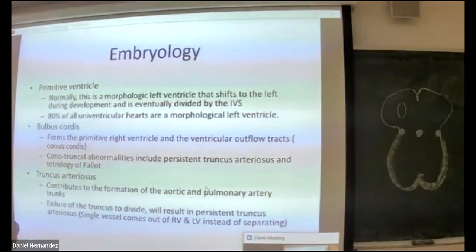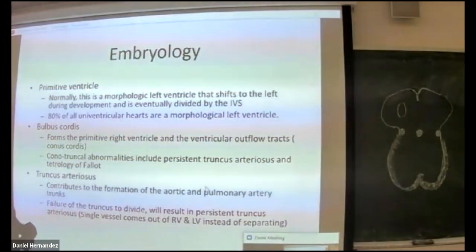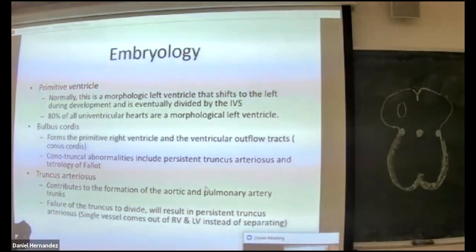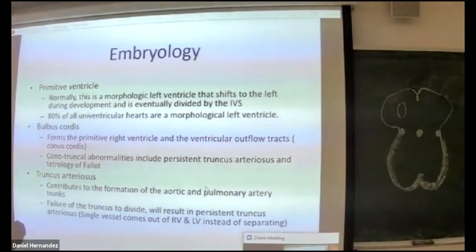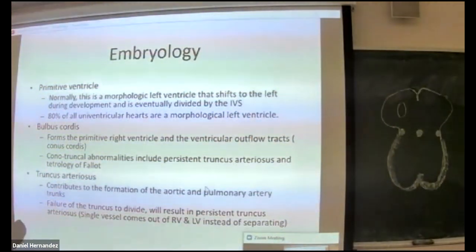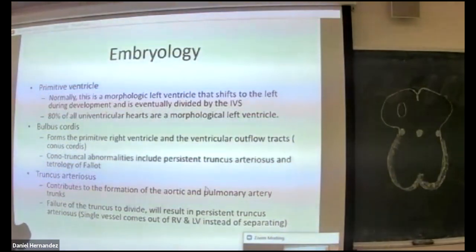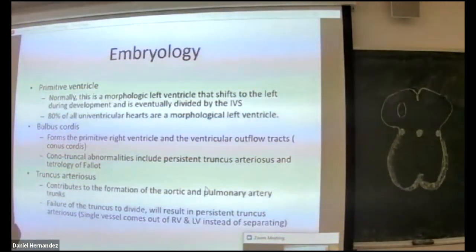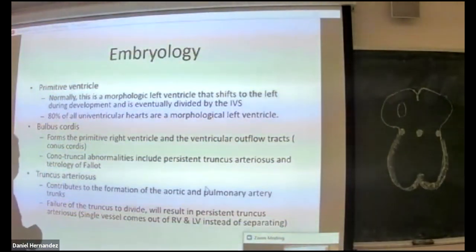The bulbus cordis forms the primitive right ventricle and the ventricular outflow tracts, also called the conus cordis. The conotruncal abnormalities include persistent truncus arteriosus and tetralogy of Fallot.